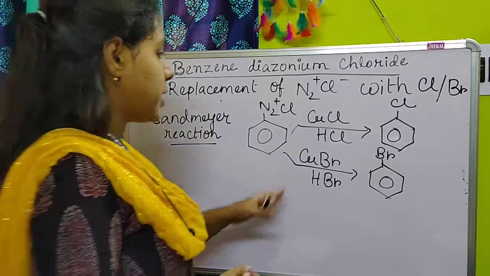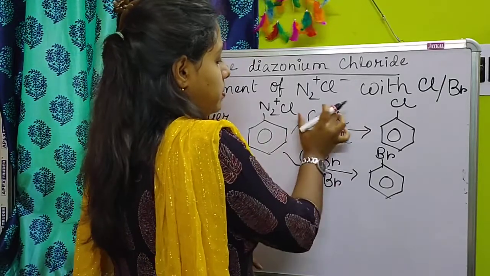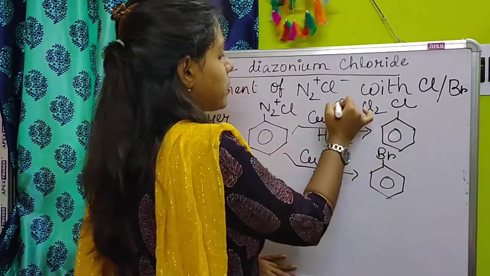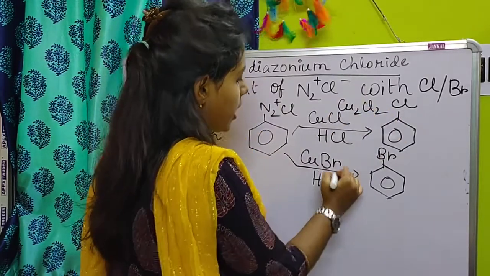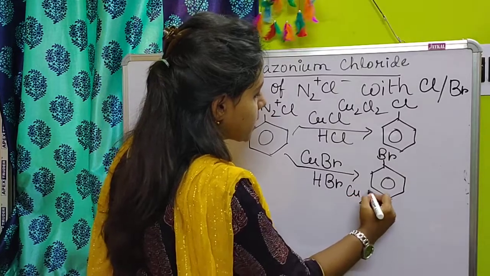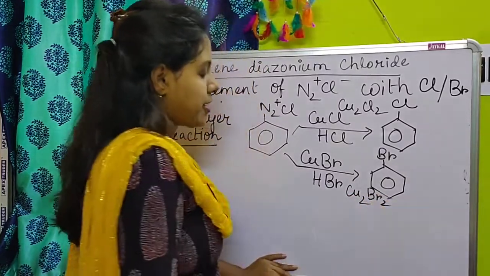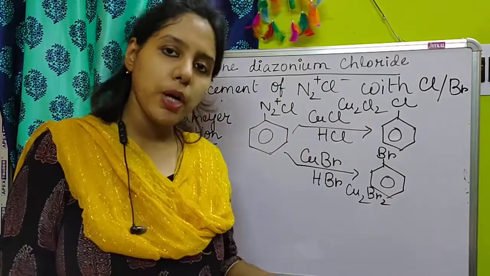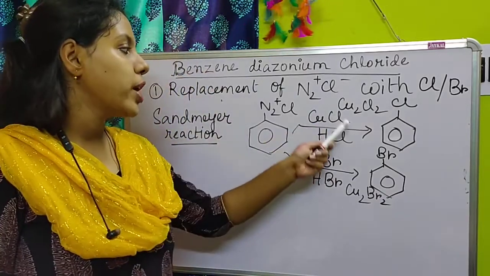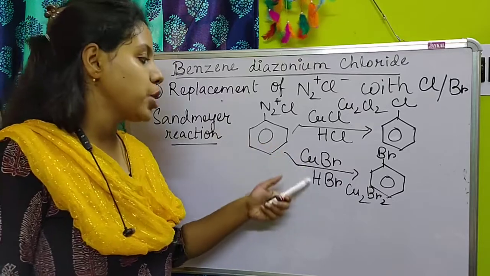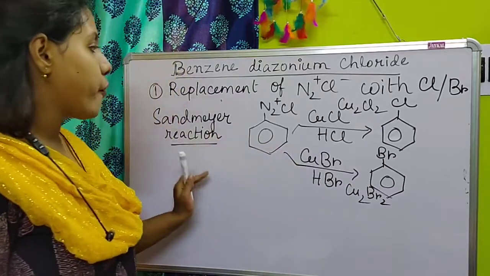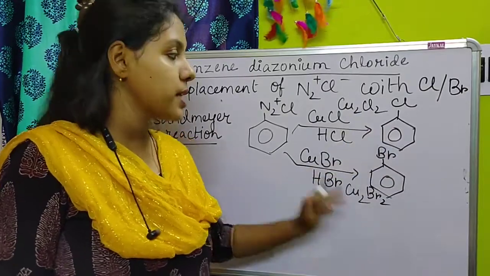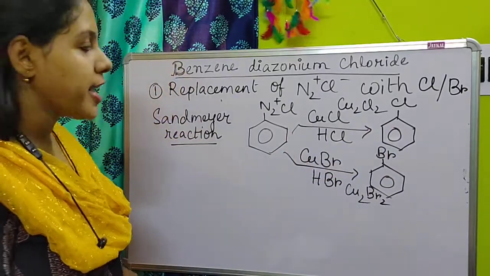Or instead of this, you could add Cu2Cl2, or in place of this, you could add Cu2Br2. That means simply the bromide salt or the chloride salt of copper could also be added instead of CuCl and HCl and CuBr and HBr. This type of reaction, where these reagents are added to make chlorobenzene or bromobenzene, is called the Sandmeyer reaction.